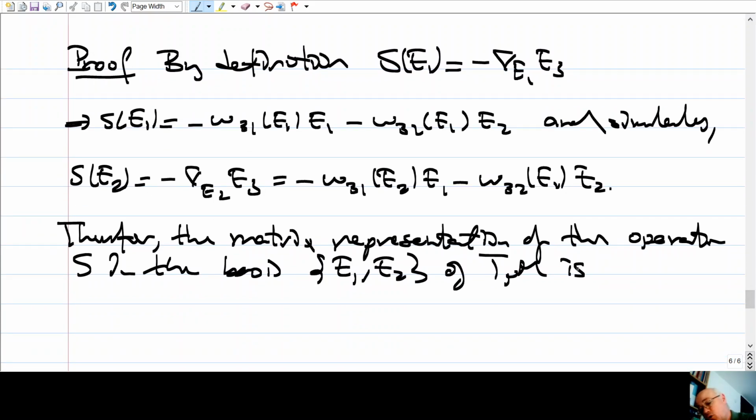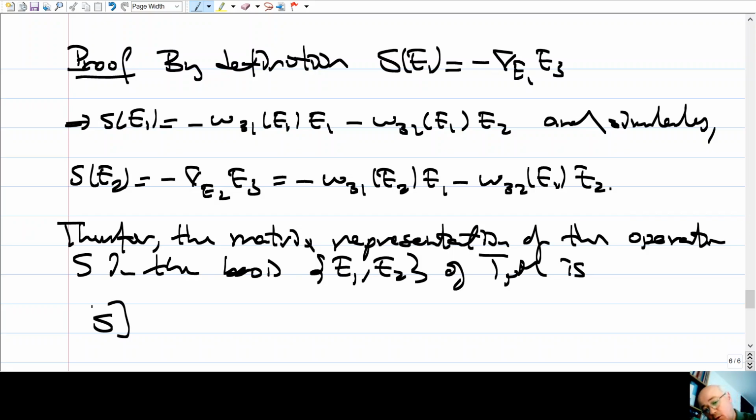How would you compute the matrix representation? You compute the operator on the basis, look at the coefficients, and then write these coefficients as your columns. So this matrix representation is this.